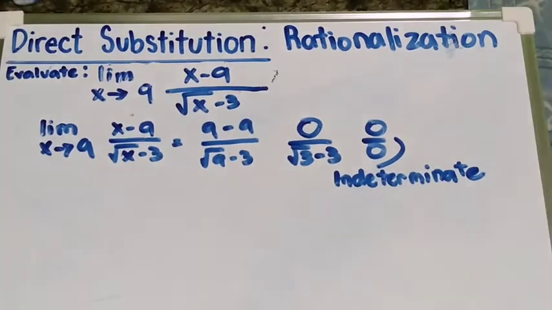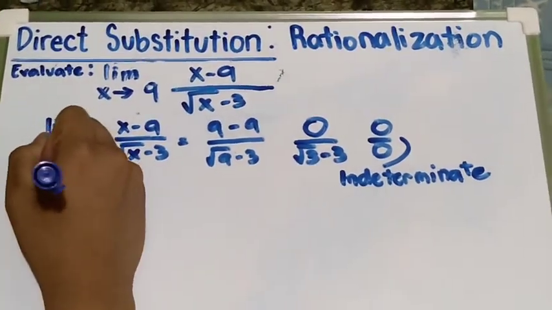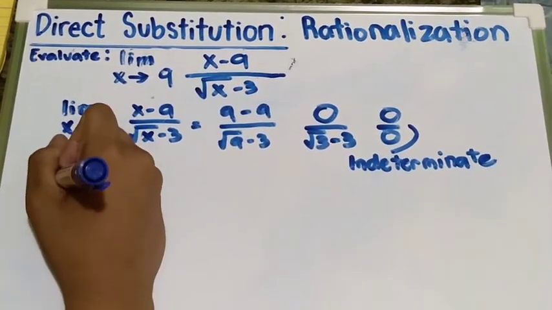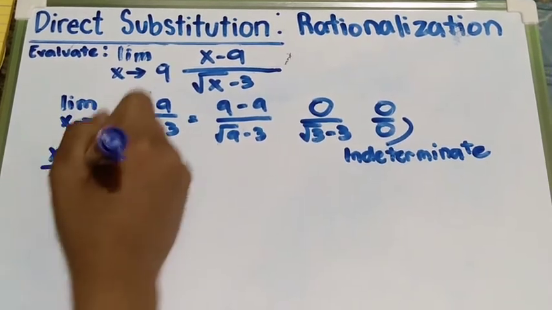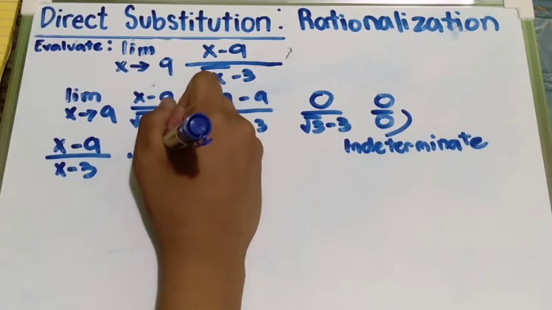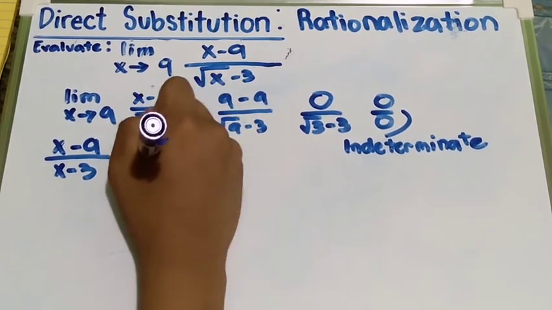For the second step, we will rationalize it by multiplying the conjugate of the denominator to the numerator and denominator. So that is x minus 9 over the square root of x minus 3 times the square root of x plus 3, changing the sign, over the square root of x plus 3.